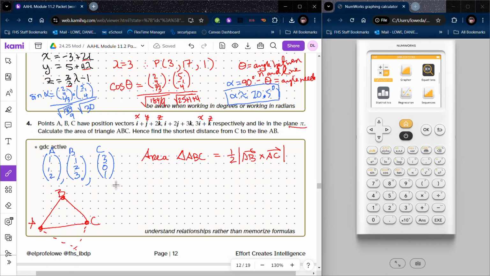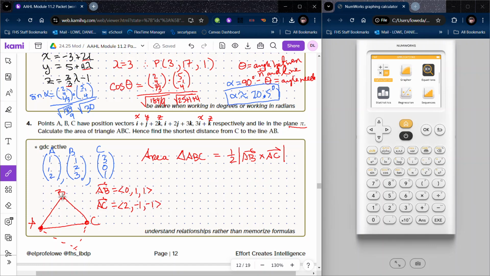So we need to figure out the directionality of AB. The directionality of A to B is going to be 0 in the X direction, 1 in the Y direction, 1 in the Z direction. And we need to figure out the directionality of A to C. That's 2 in the X direction, -1 in the Y direction, and -1 in the Z direction.